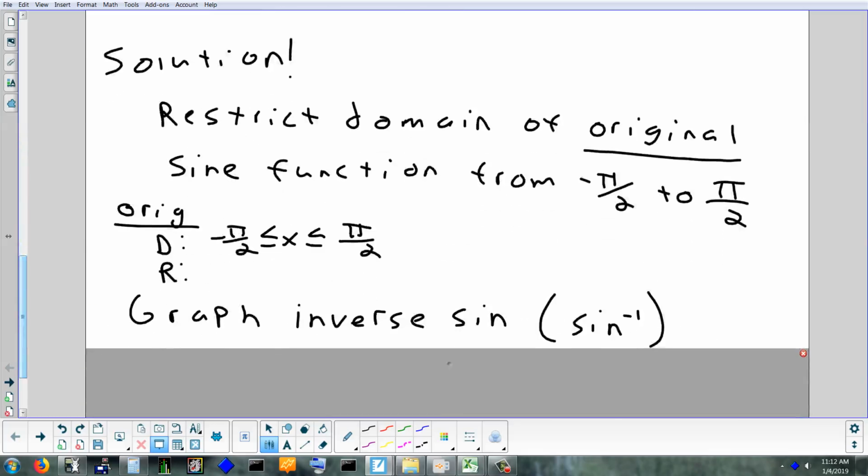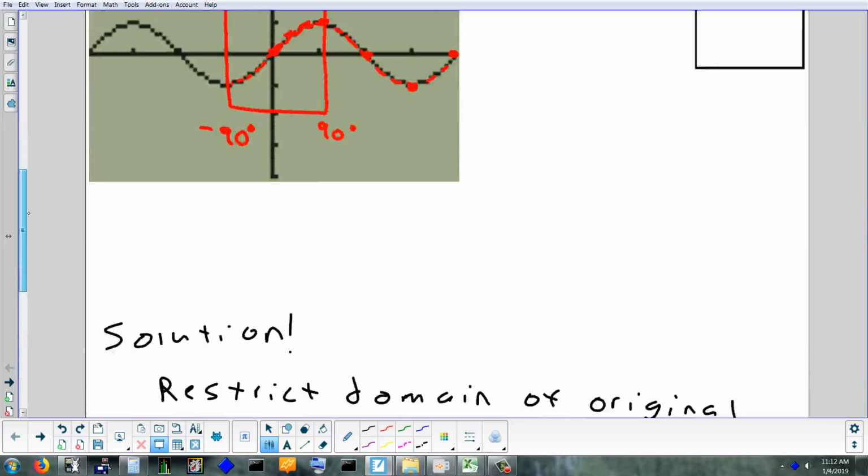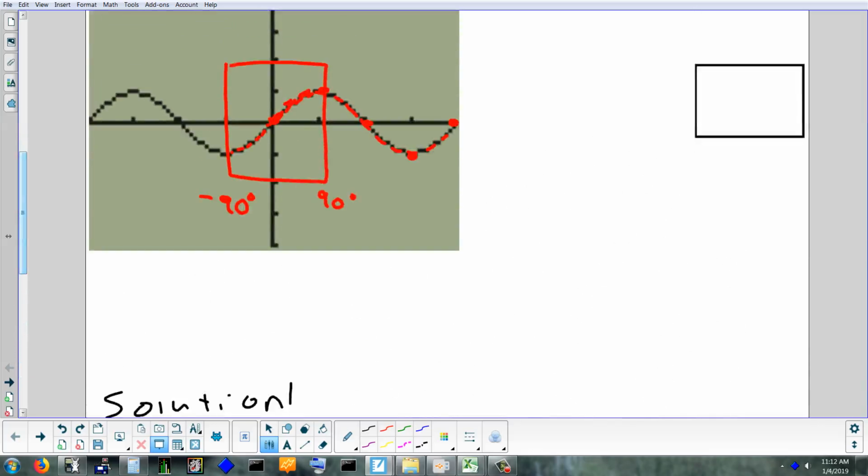Now, let's look at the box again, but this time I want you to look at the range. How high and low does the graph go in the box? Just in the box. The curve in the box goes from -1 to +1 on the y-axis.